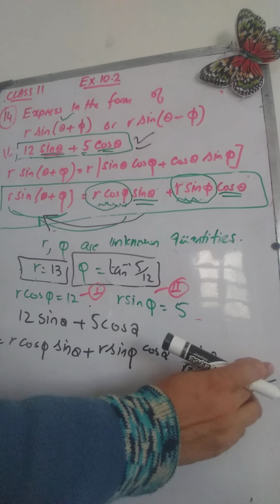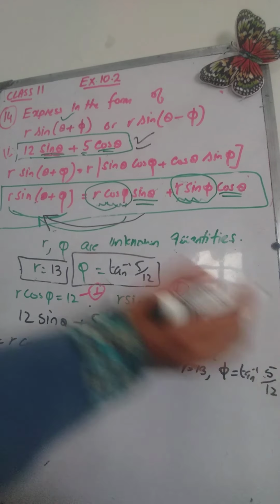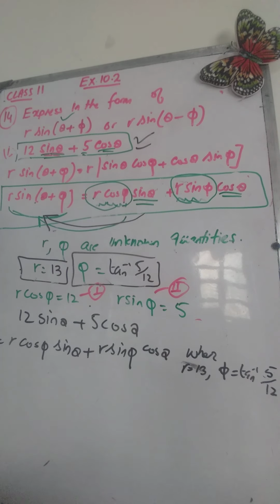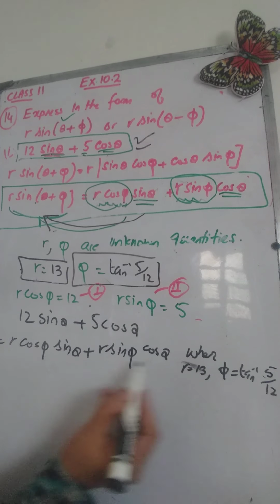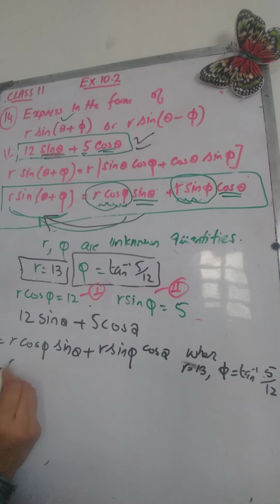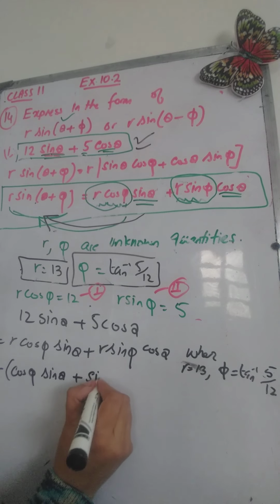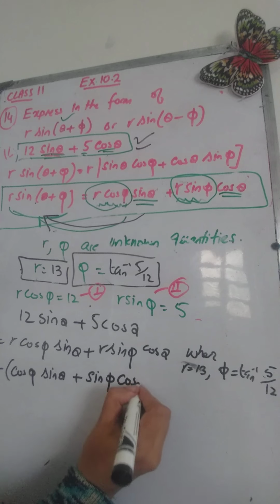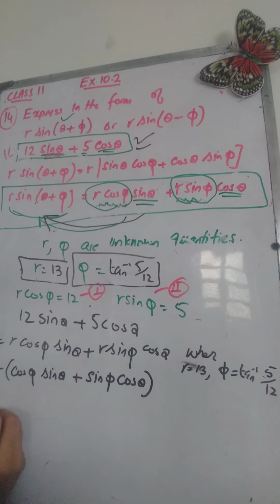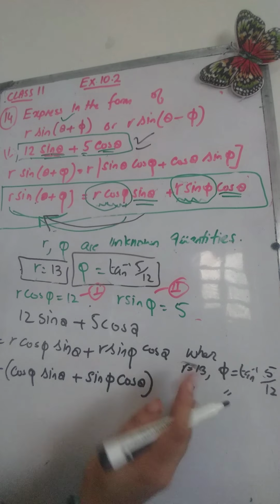Now this expression can be written as, we can take r common from it, so it will be r times cos of phi sin theta plus sin phi cos of theta, where r is equal to 13 and phi is equal to tangent inverse of 5 by 12.